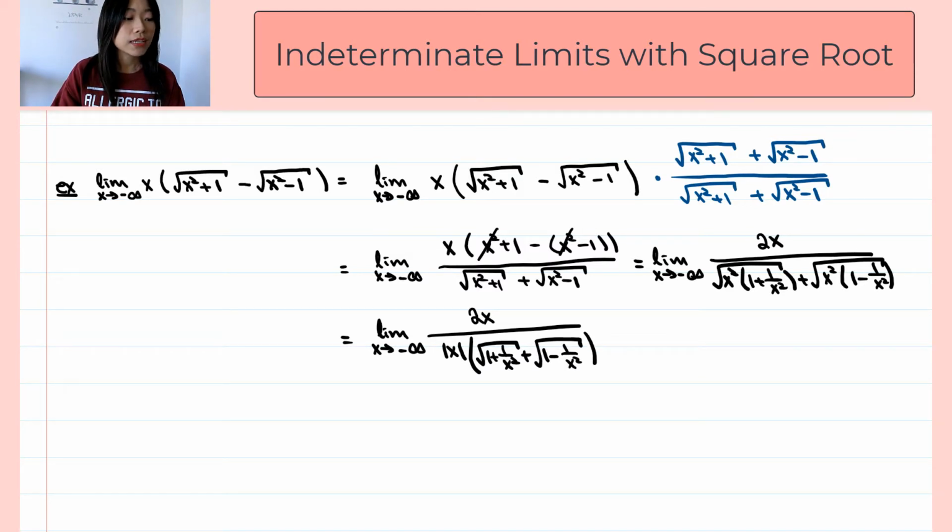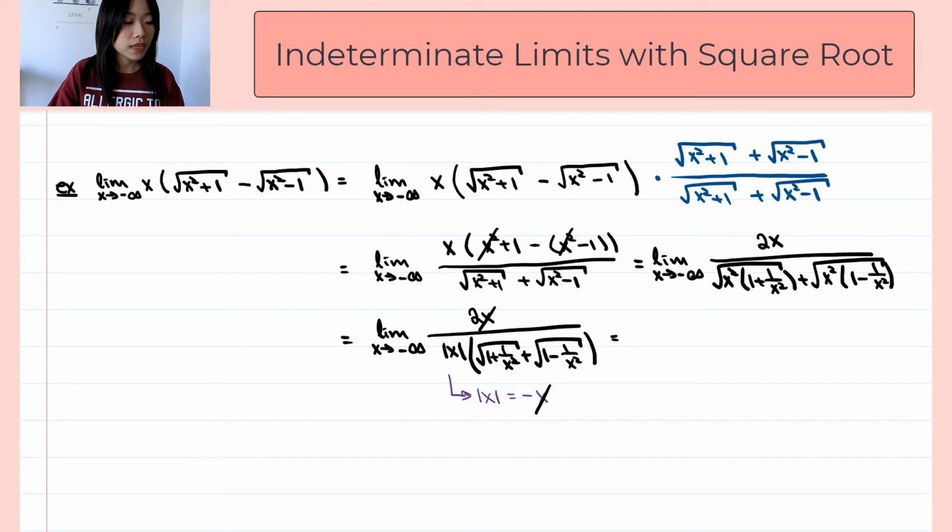Here the limit is as x approaches negative infinity. So this absolute value of x, since it's approaching a negative value, equals negative x. Then we can cancel out the x in the numerator with the x in the denominator.